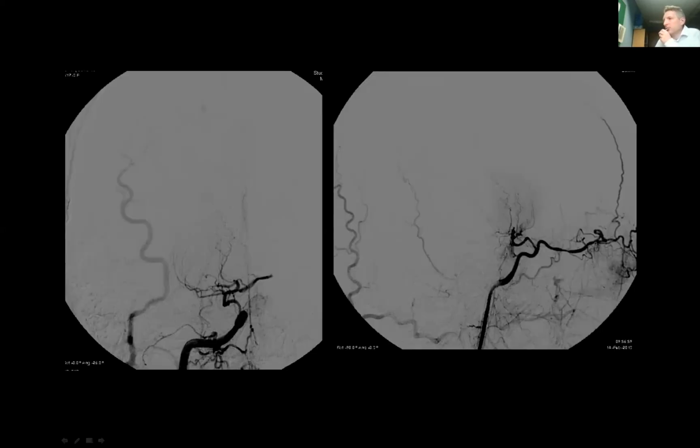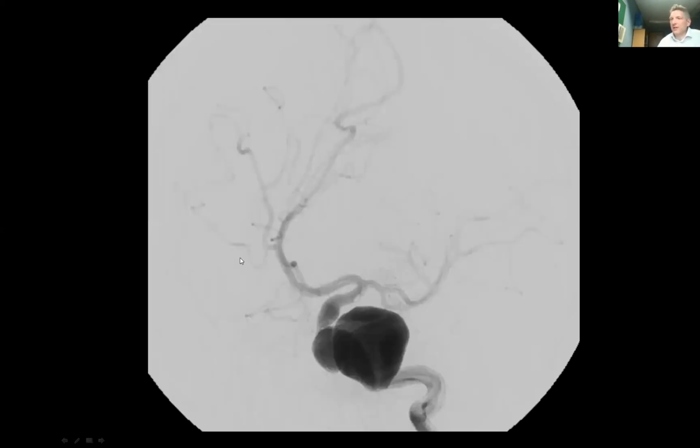So we can see that he's got a very large ICA aneurysm, which is increasing in size over the years. He's only 16.